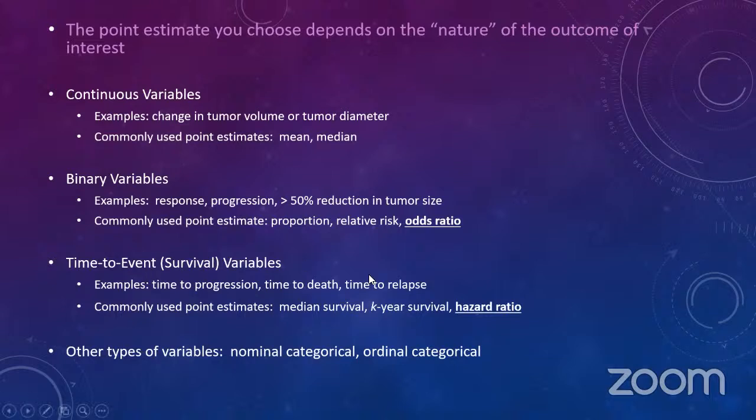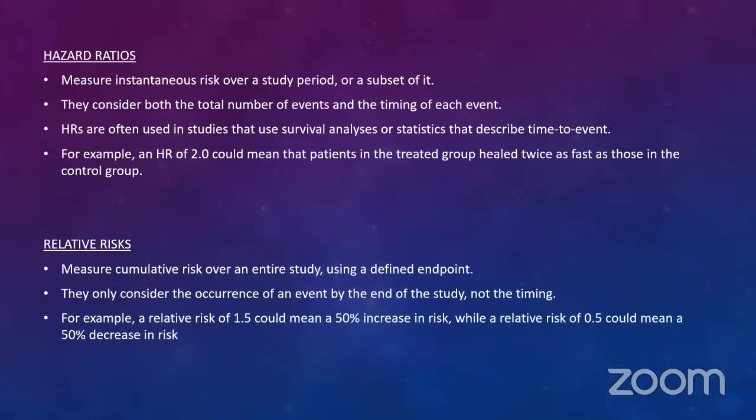Whereas for time to event survival, like time to progression, time to death, time to relapse, there is a time element connected to what we are analyzing, whether it occurs at a particular time. For that we use the hazard ratio. Hazard ratio measures that there is always a timing attached to that event, and it compares two groups.